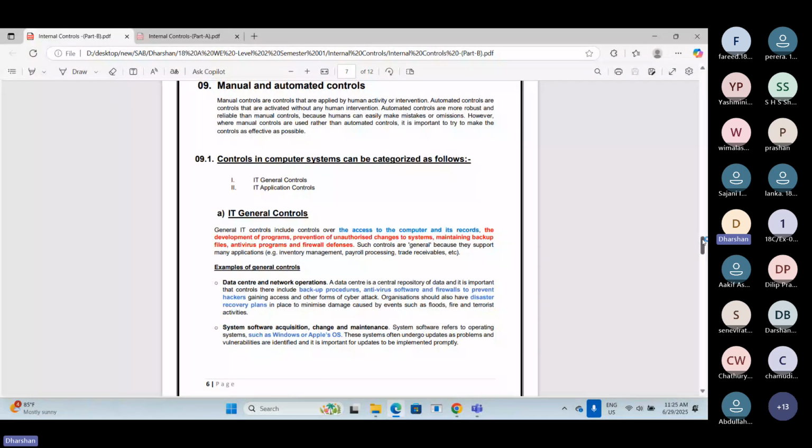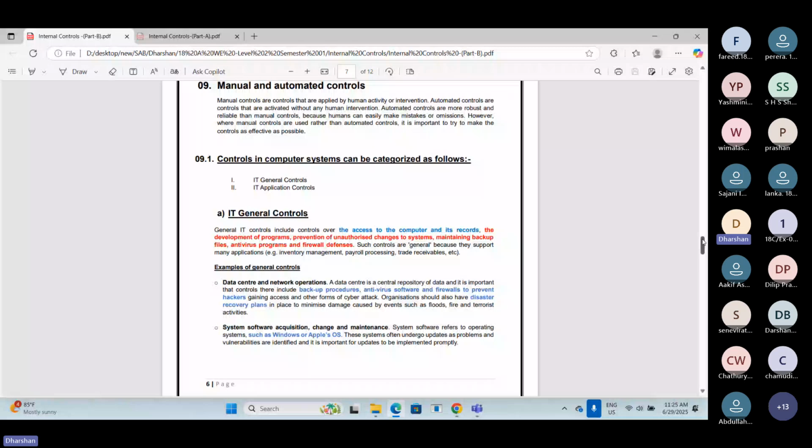If you put a specific username and password only for a particular app, that control will work only for that app. If you put a password control for Facebook, that password will work only for Facebook.